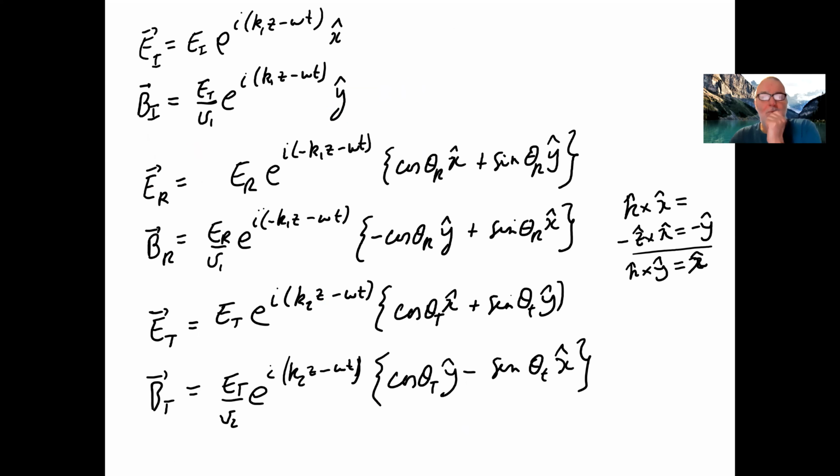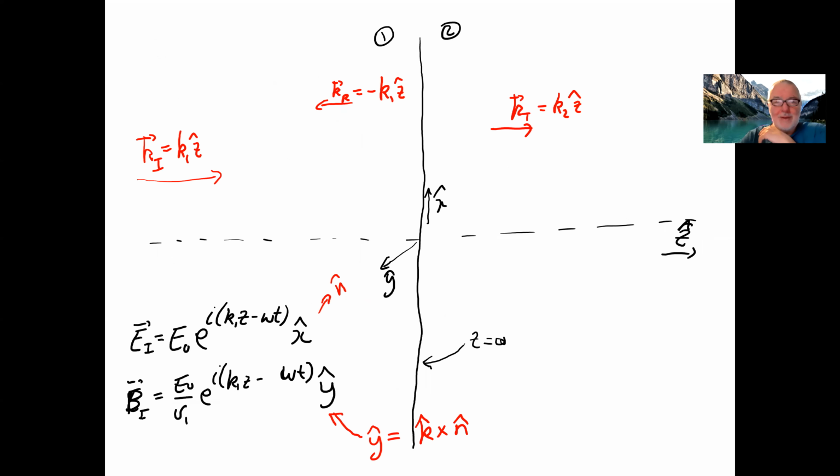Okay, so if I specify this incident wave the way I've specified it, I'm going to say something rather general for the reflected and the transmitted waves. In the book, he assumes that the transmitted and the reflected waves have the same polarization as the incident wave. That is, that the electric fields are all in the x direction. And then he goes through and works out what he works out.